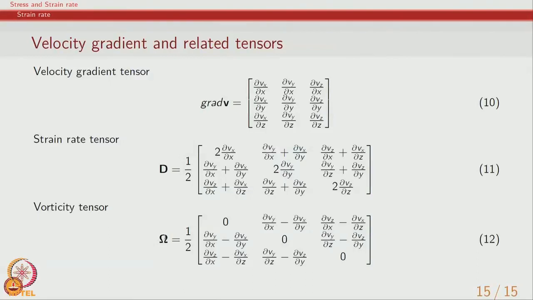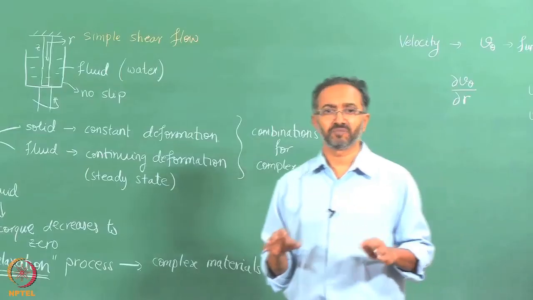With this, we have now finished the discussion related to the stress as well as strain rate tensors, and what is meant by deformation and rate of deformation in general complex materials.